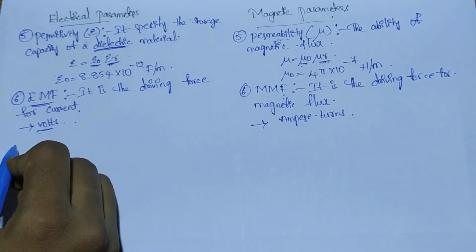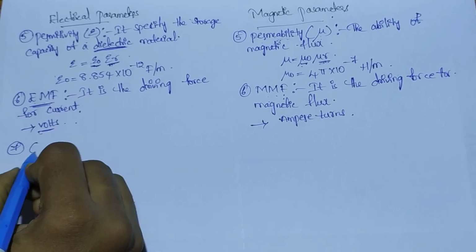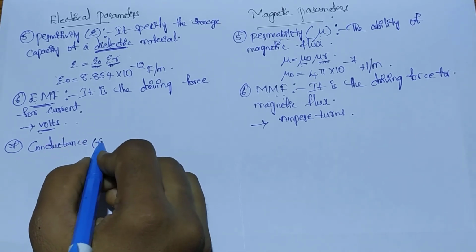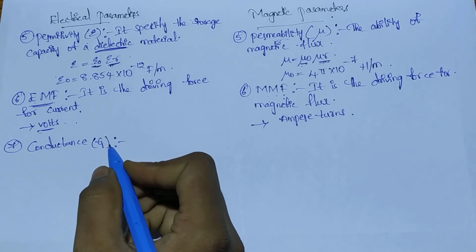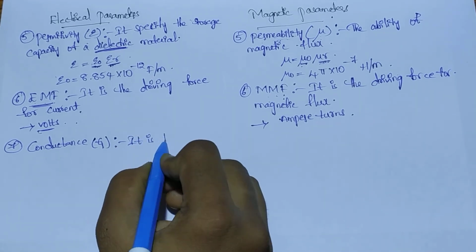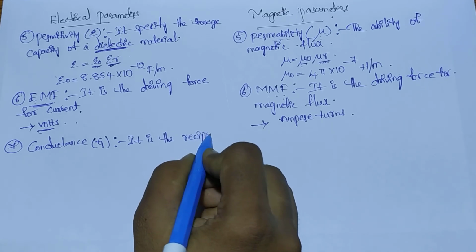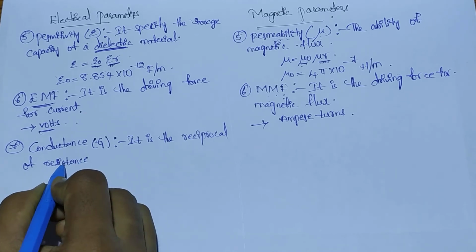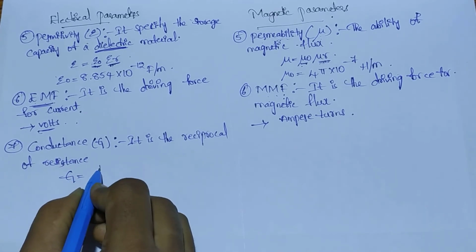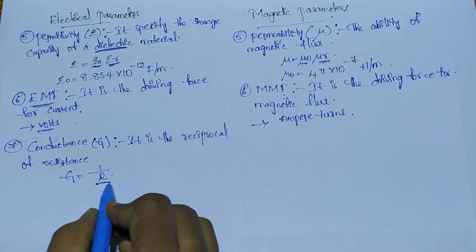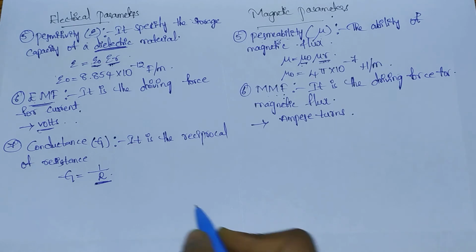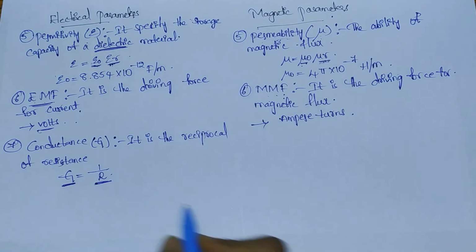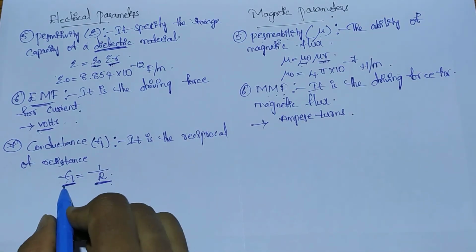Another electrical parameter is conductance, denoted by the capital letter G. It is the reciprocal of resistance, so G equals 1 by R. The function of resistance is to oppose the flow of electrons, but conductance allows the flow of electrons, so they are inversely proportional.